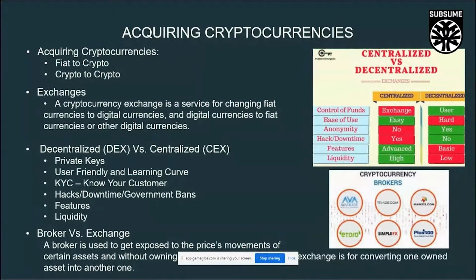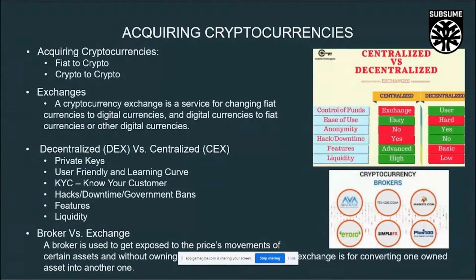Okay. So exchanges are just a place where you change one currency, whether it's a cryptocurrency or fiat currency, to the currency that you're looking for. In this case, we're talking about Guap, right? There are decentralized exchanges and then there are centralized exchanges. Some of the centralized exchanges that people know would be your Coinbase and your Gemini. Those are centralized.